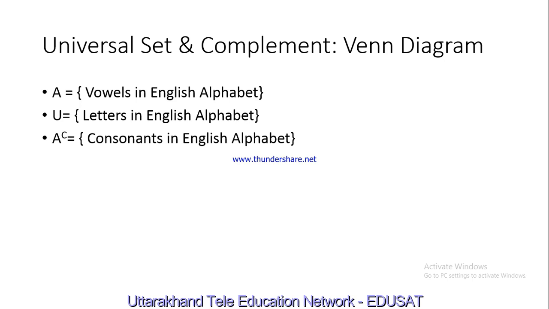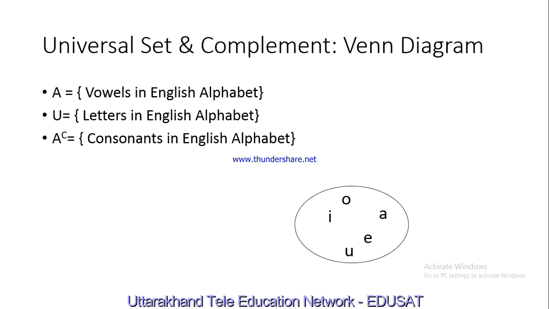Now let us try and depict it using the Venn diagrams. So let us first depict the set A. We generally make use of these kind of rounded shapes or oval shapes to denote a set. So this set A will contain 5 elements, all the vowels in the English alphabet, A, E, I, O, and U. The sequence is not important, we have seen earlier also.